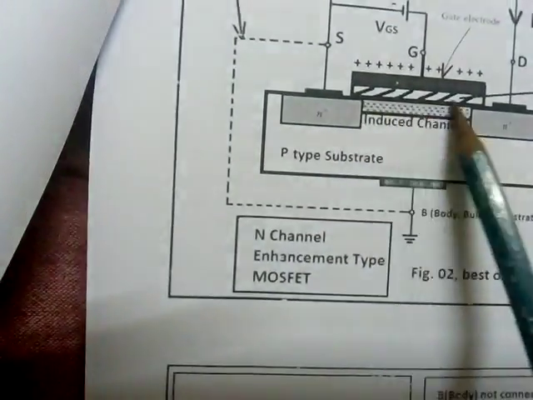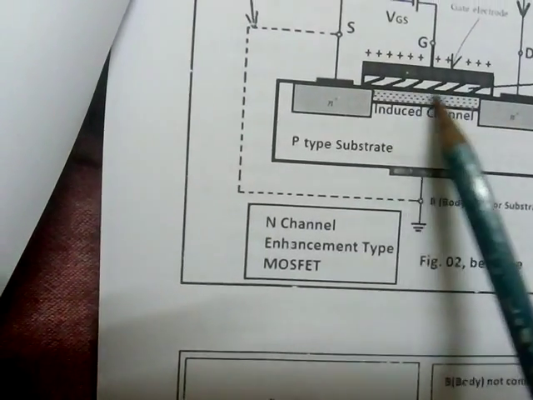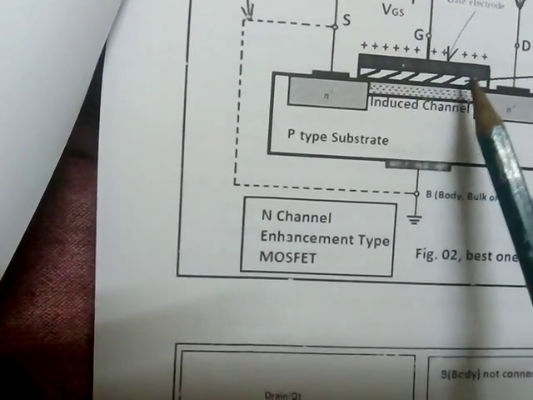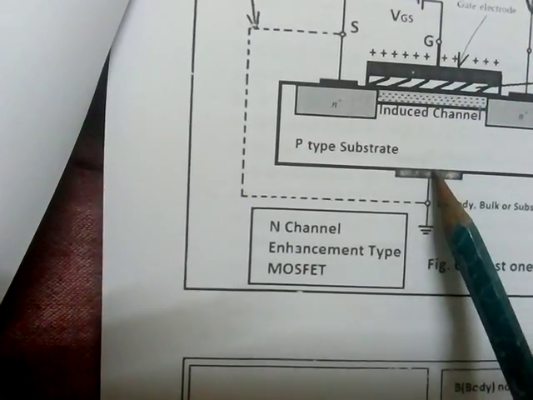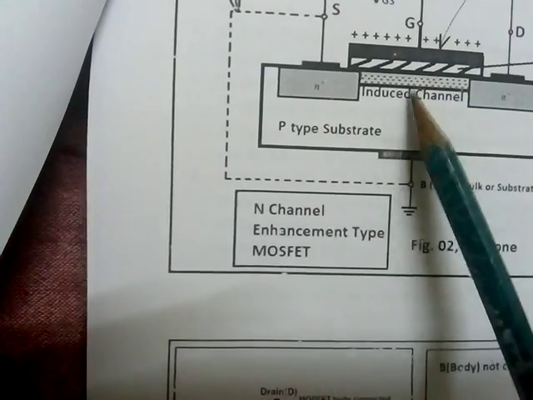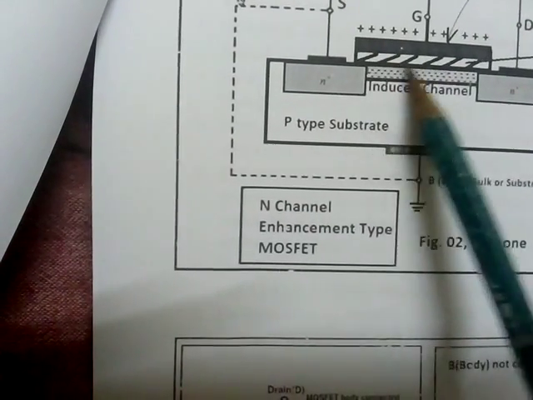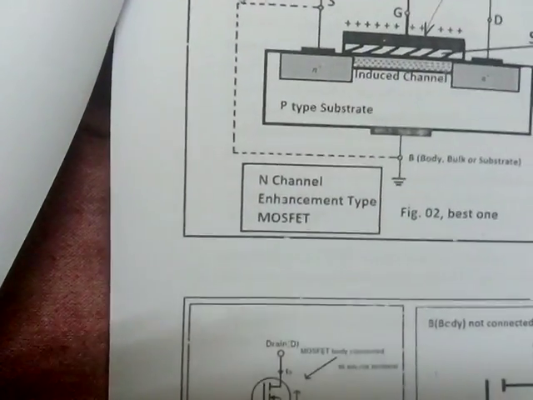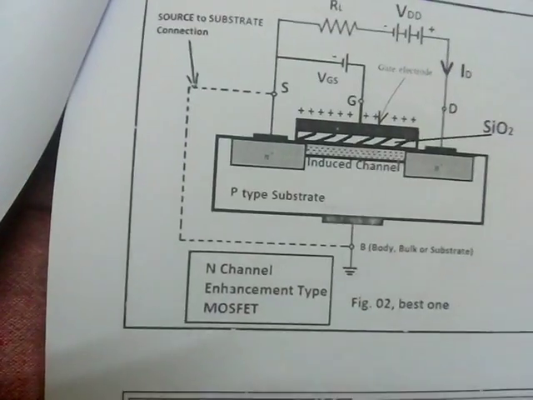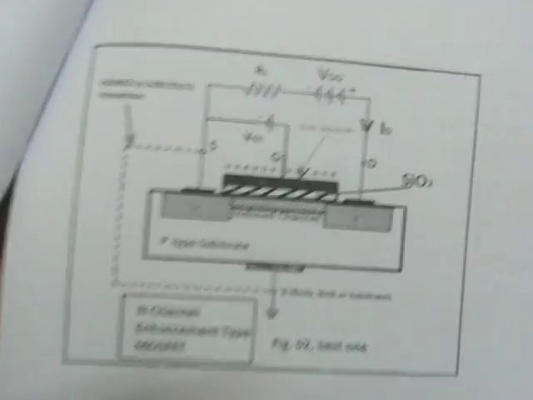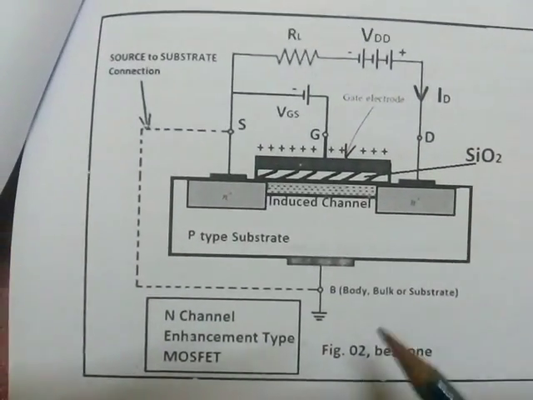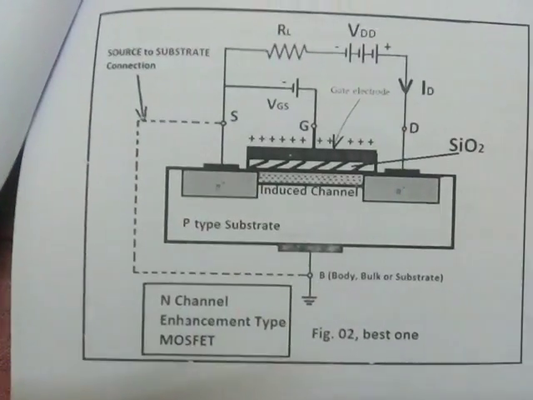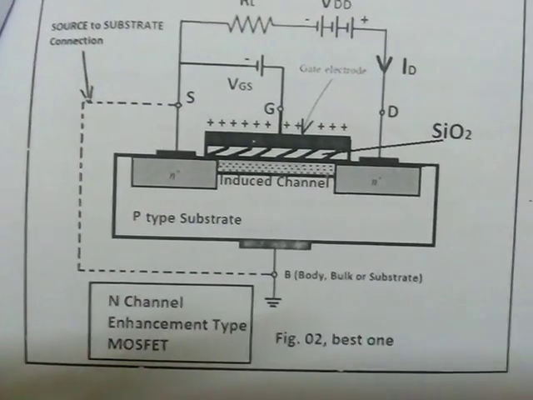This silicon dioxide layer is also called a MOS capacitor, with the gate terminal and P terminal, and in between we have the dielectric. Similar to BJT, you have three types of operation: cutoff, saturation and ohmic region.